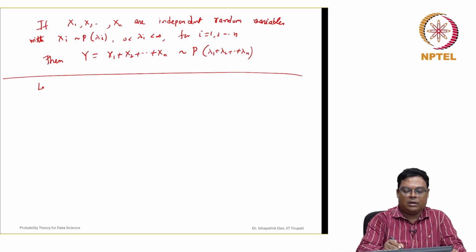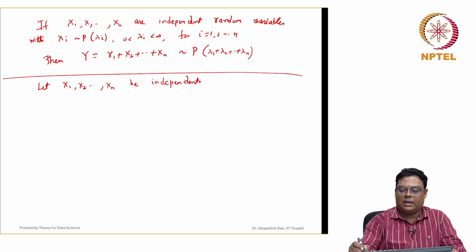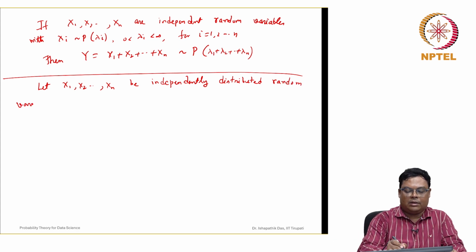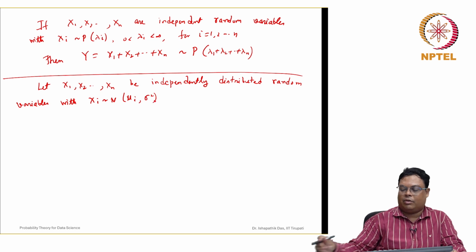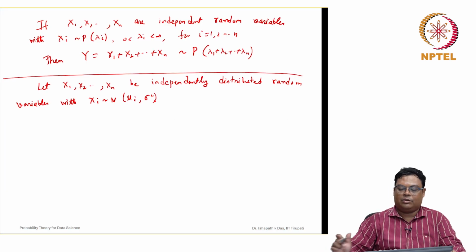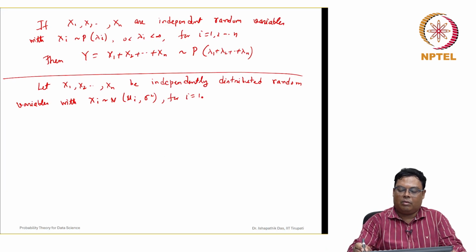So let X1, X2, Xn be independently distributed random variables with each X_i normal with mean mu_i and variance sigma square. We can consider different sigma_i for different i also, but here it is given as normal(mu_i, sigma square) for i equal to 1 to n.